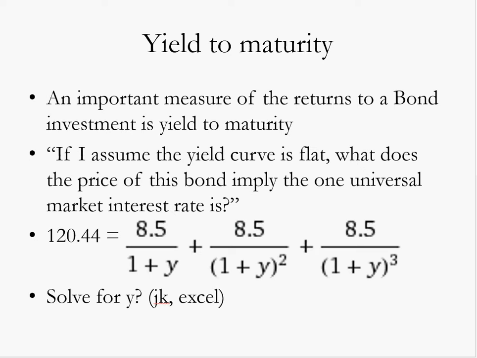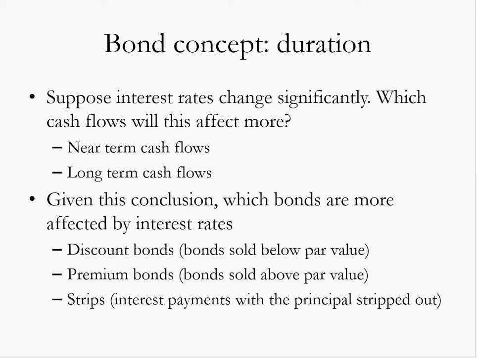Okay, so that's yield. The next concept we're going to talk about is duration. This is the risk of a bond. Let me just show you a really simple demonstration of what's going on with duration. I'm going to go into Excel and do two different bonds.